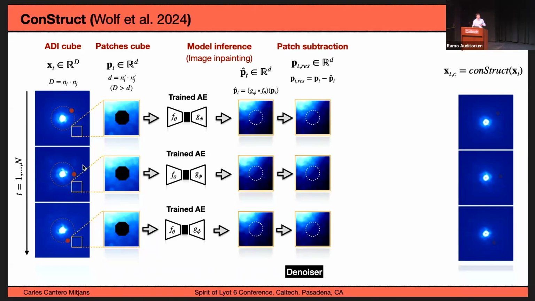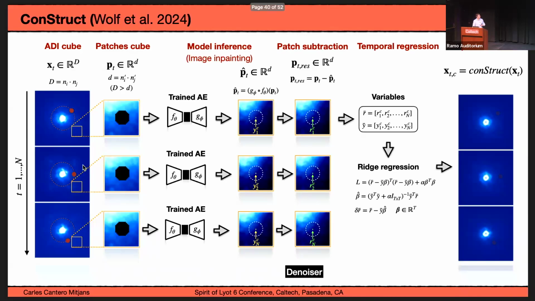Then we have PSF subtraction, in that case patch subtraction, and there is a temporal regression that they do to take into account biases in the autoencoder, and we have our speckle model based only on autoencoders, not on principal component analysis.